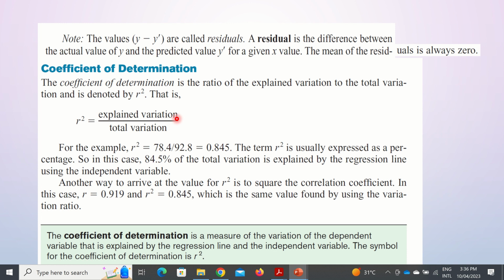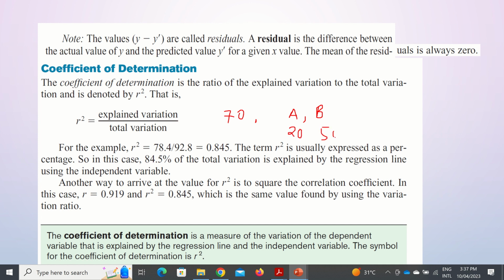So that can be simply found as explained variation divided by total variation. If you want to understand this in simple steps, suppose we have a total of 70, and we have to split that into two parts, A and B. Let's suppose A has taken 20 and B has taken 50.